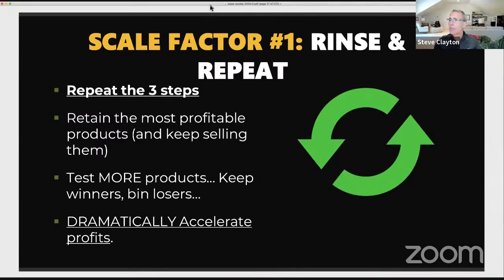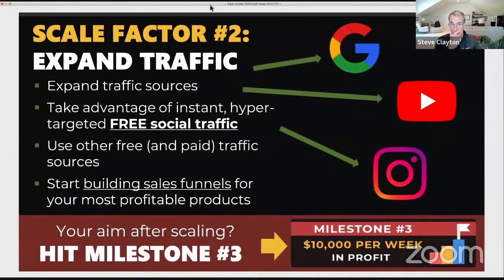If you have 2 successful products that you're making money on, and you want to scale, then have 4 products, 6 products, 10 products. You can repeat the steps of finding products and testing them, keeping the most profitable ones and getting rid of the less profitable ones. Keeping the winners and getting rid of the losers dramatically increases profits.